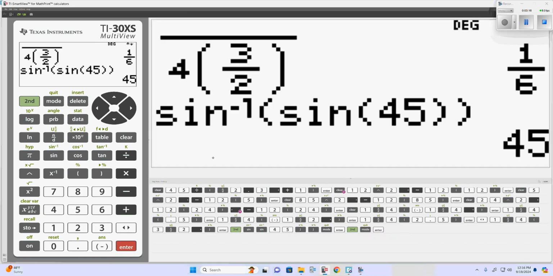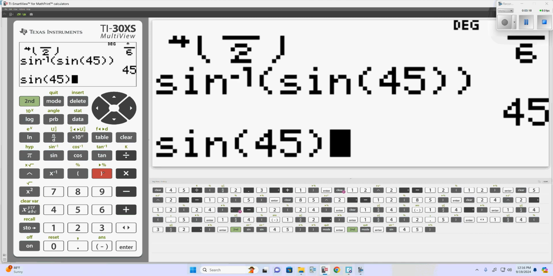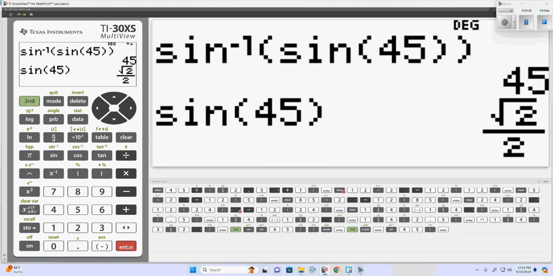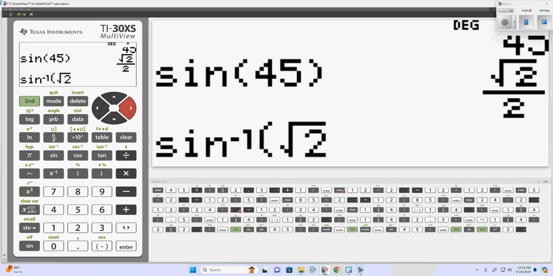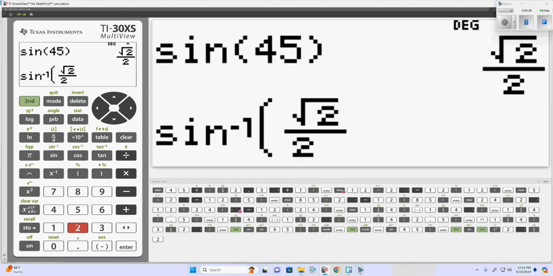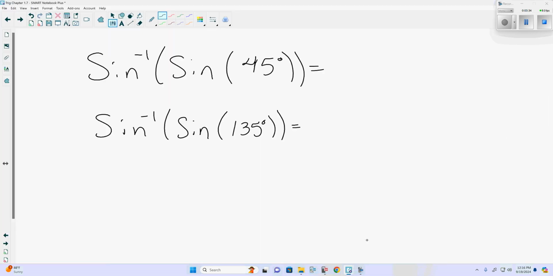Or if we looked at this, sine of 45 degrees is square root 2 over 2, and if we take sine inverse of square root 2 over 2, we get back to 45 degrees.